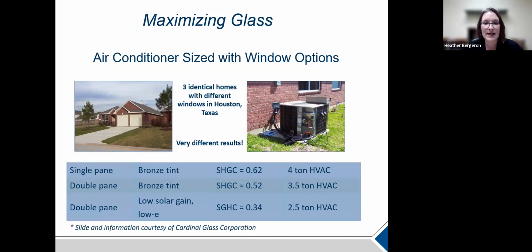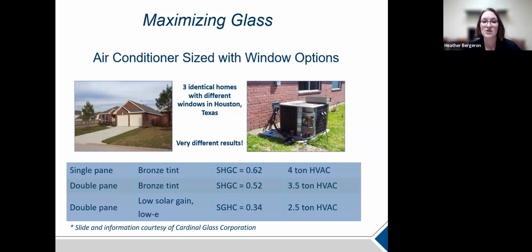Here's just a case study that one of our distributors completed a few years ago. This is showing you a comparison of what size air conditioner is needed with your window options. This particular distributor took 3 identical homes out of Houston, Texas, but the results were very different.